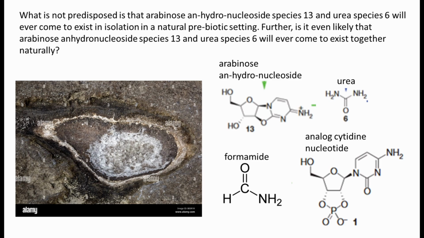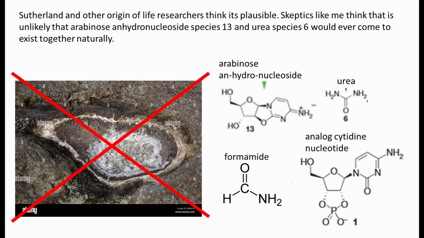What is not predisposed is that arabinose anhydronucleoside species 13 and urea species 6 will ever come to exist in isolation in a natural prebiotic setting. Further, is it even likely that arabinose anhydronucleoside species 13 and urea species 6 will ever come to exist together naturally? Sutherland and other Origin of Life researchers think it's plausible.